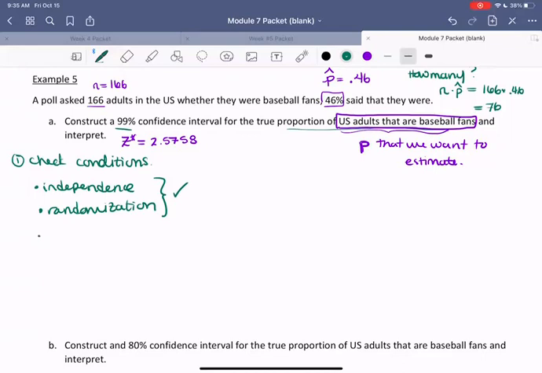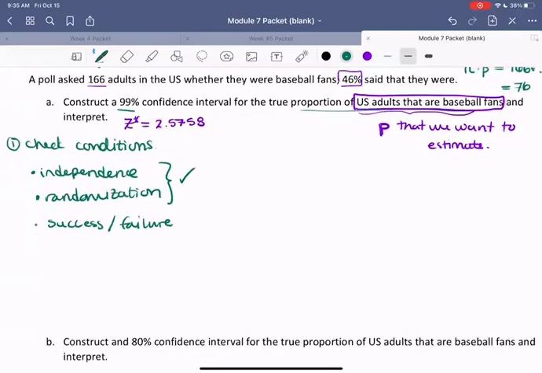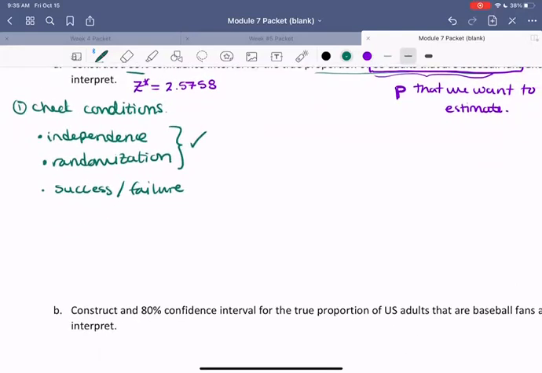But we can check successes and failures. That is, do we have enough people who are successes, meaning are baseball fans, and do we have enough people who are failures, which means they aren't baseball fans? So we want to take 166 times the percentage who were baseball fans, 0.46. We computed that's about 76, which is larger than 10.